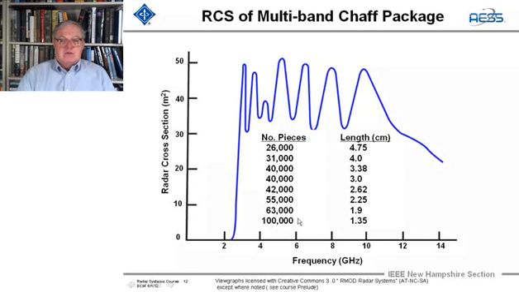You've got 100,000 pieces, and at X-band 40,000 pieces, and you can pretty well fill up the area from 2 to 12 gigahertz with 40 meters squared of chaff with this. And this can be put in a reasonable package to drop out and cause havoc to radars.